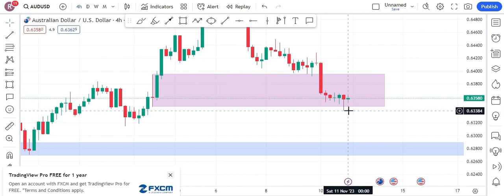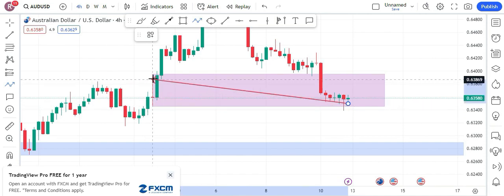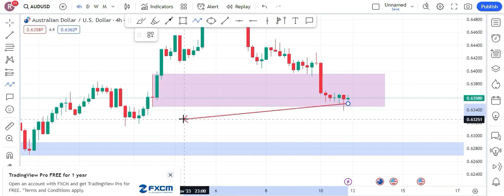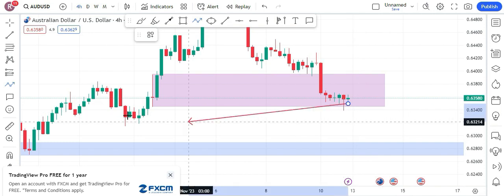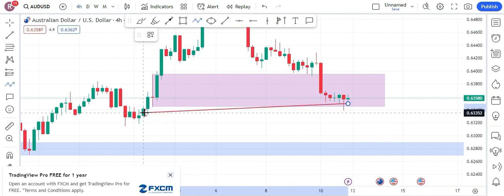So let's be a little bit conservative. I'm expecting that maybe it has come already. Compared to this candle, it has come to this level already. Can you see, guys? If we mark this, it has already taken the liquidity.